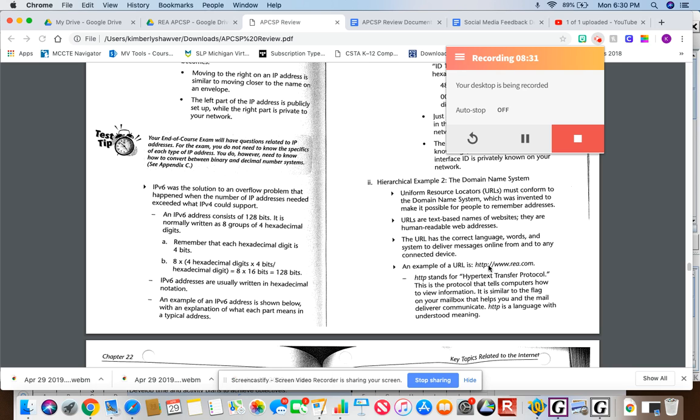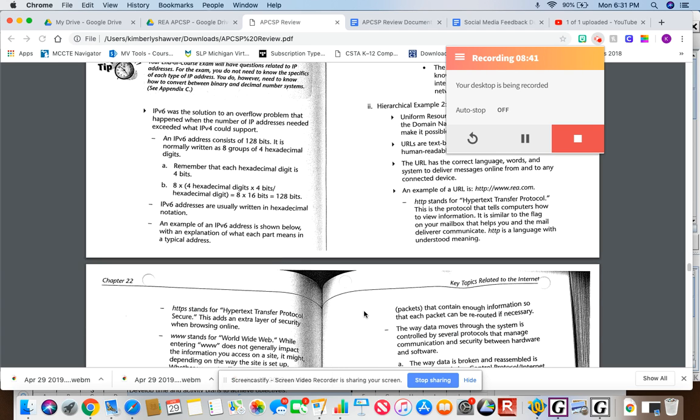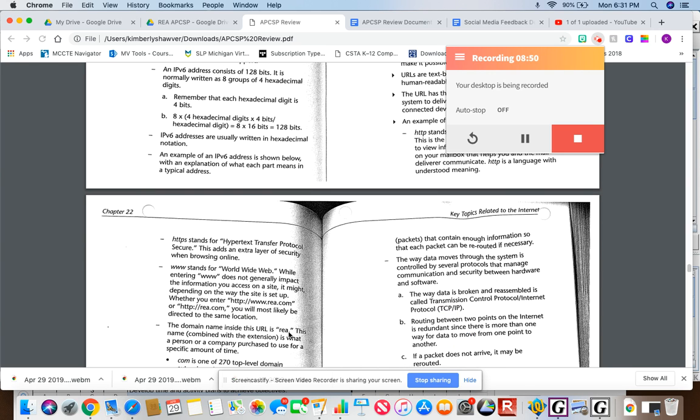Now remember, HTTP stands for Hypertext Transfer Protocol. This is the protocol or rule that tells computers how to view information. It is similar to the flag on your mailbox that helps you and the mail deliverer communicate. HTTP is a language with understood meaning.